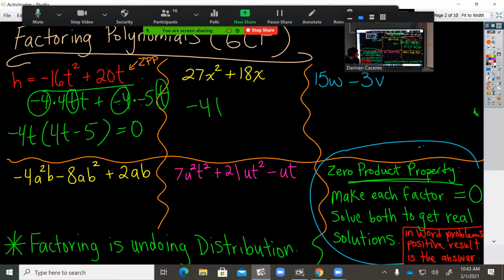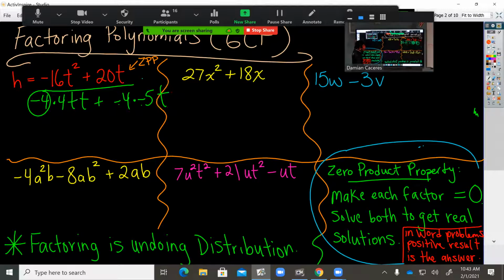So, 27 and 18. What is the greatest common factor between those? 9 is correct. They're both divisible by 3, but 3 is not the greatest factor. The greatest factor is 9. How about variable-wise?